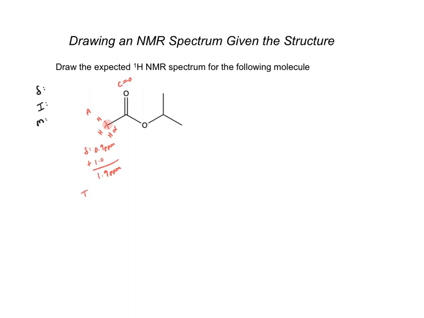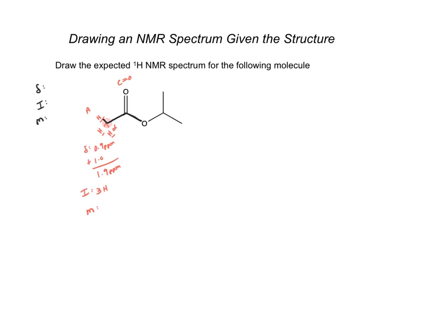For integration, there's 1, 2, 3 of them, so we can expect an integral of 3. And finally, for multiplicity, the neighboring protons are very, very far away, so we're not going to see any splitting pattern here. Because of that, we are 0 plus 1, or a singlet.